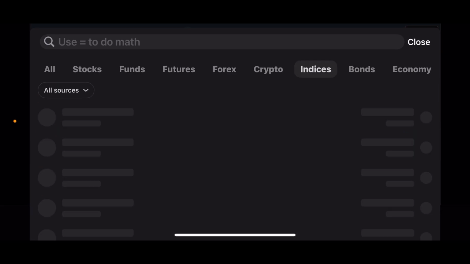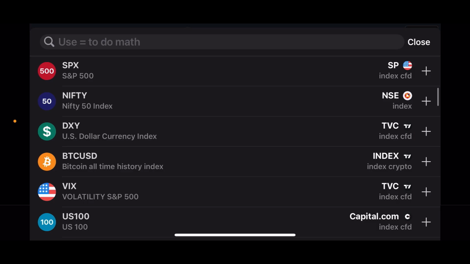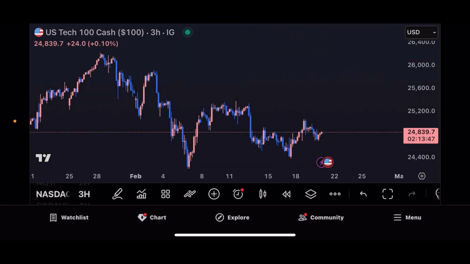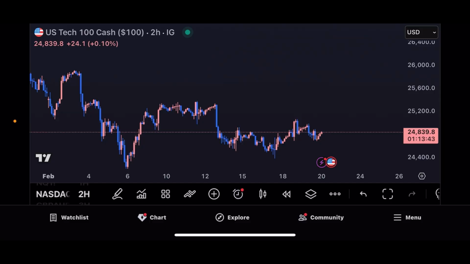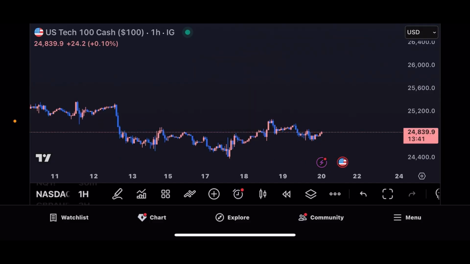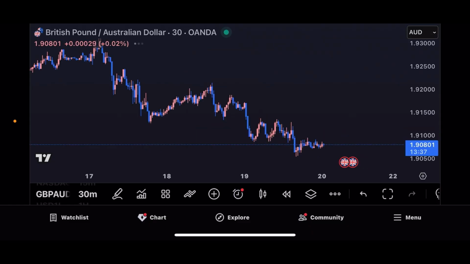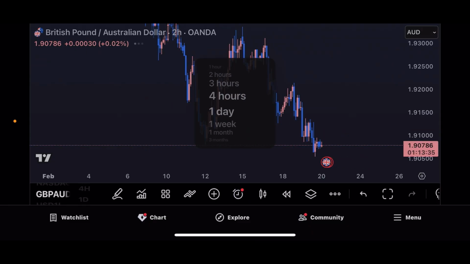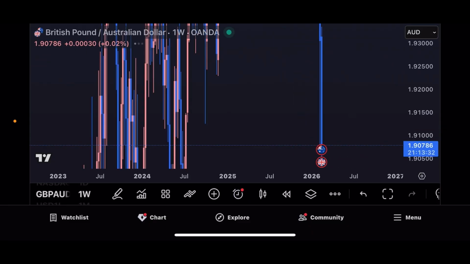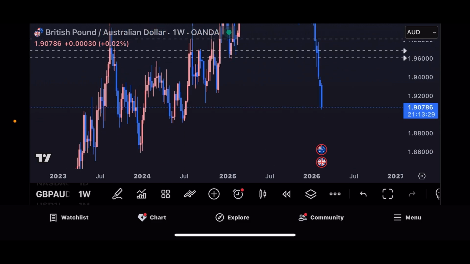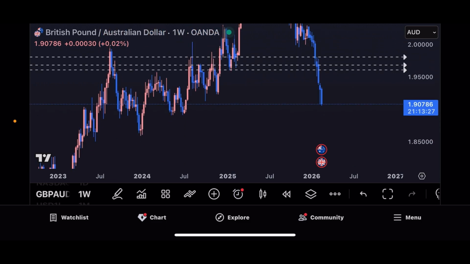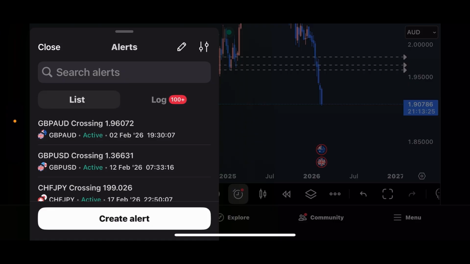But basically, you want to use a charting platform that allows you to chart on basically anything you might want to trade, along with going to different time frames. Anything as high as the weekly and as low as the 15-minute is a good charting platform, in my opinion.